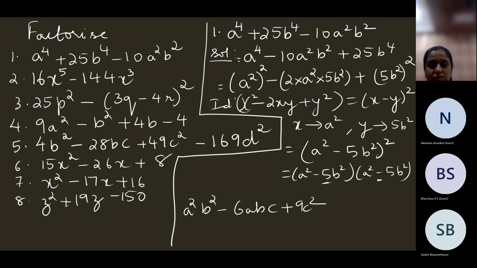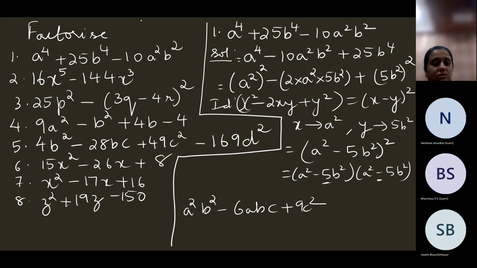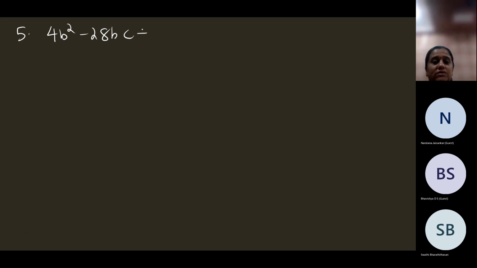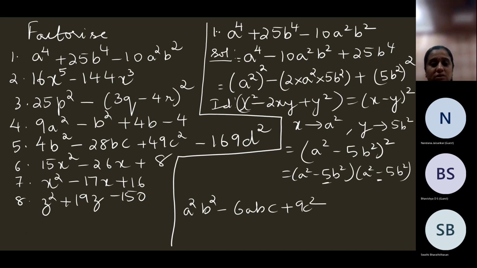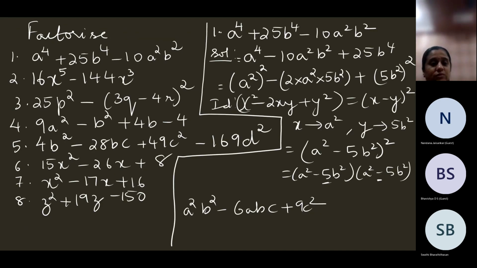The fifth one is 4b square minus 28bc plus 49c square minus 169d square.